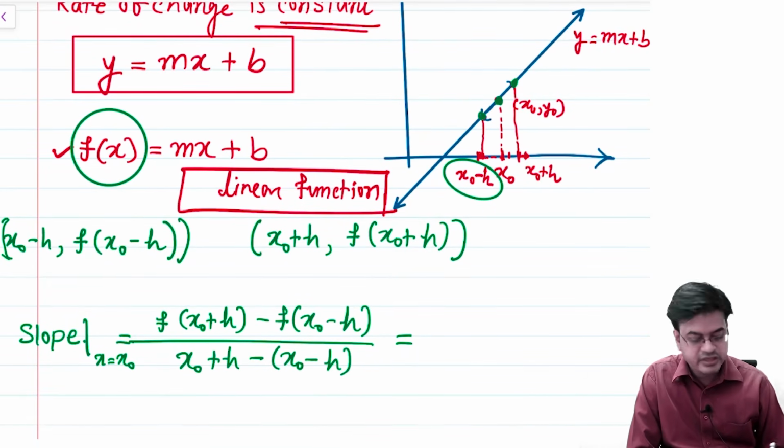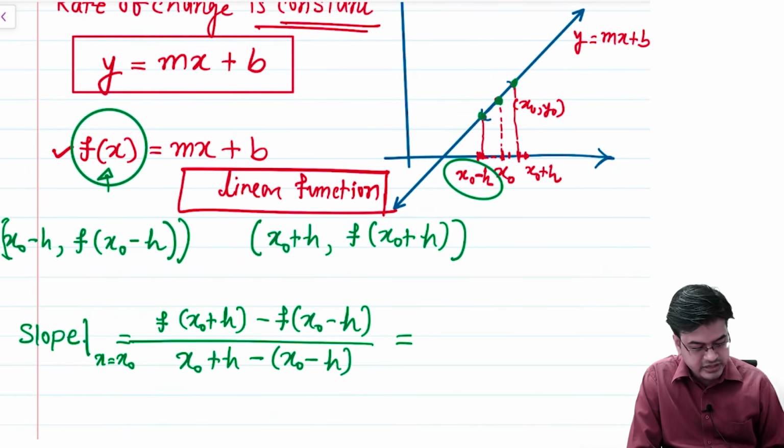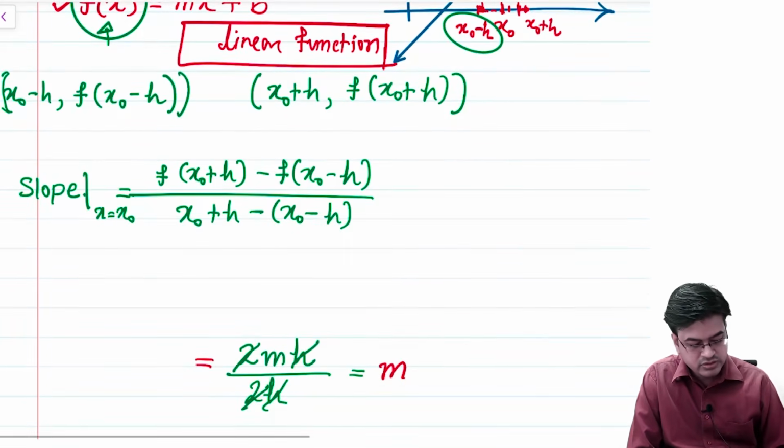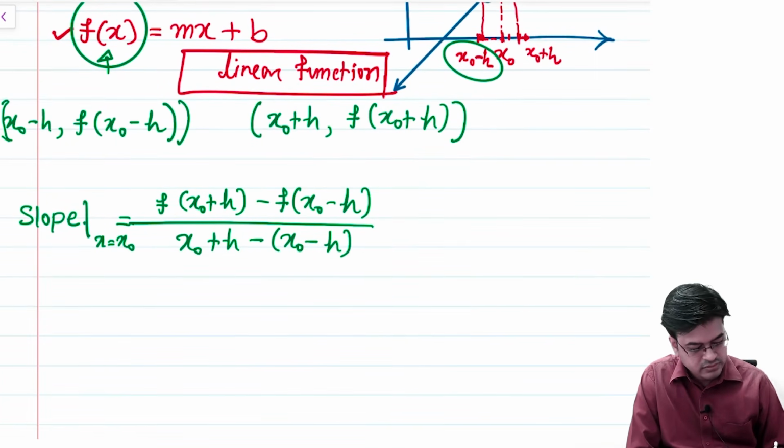So this is my definition of slope, the rise by run formula, and now f(x) is this. So I can simply use this definition of f(x) and substitute it here. Let me do it on the next line so that it will be less cluttered. So here is the formula, and let me do it here with a different ink. So what is f of x naught plus h?